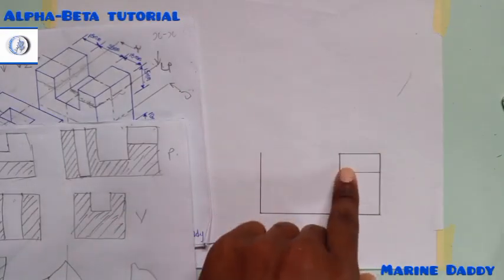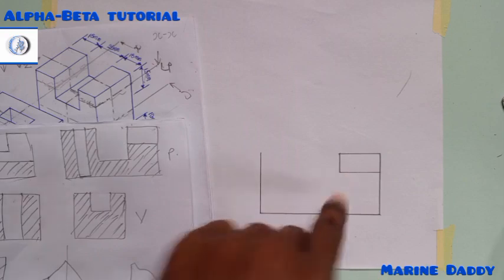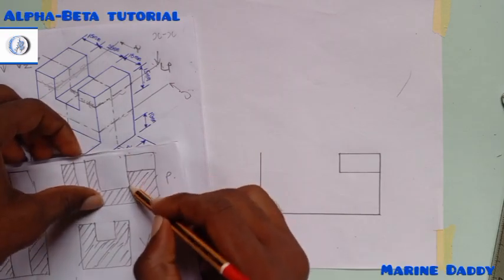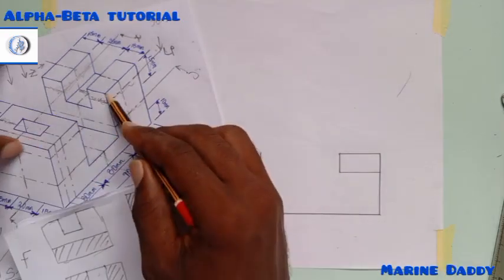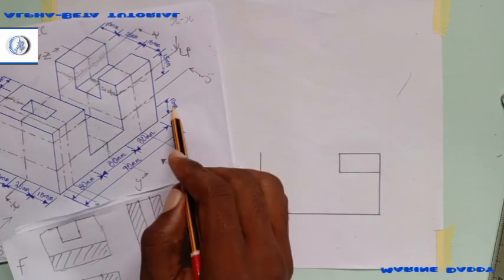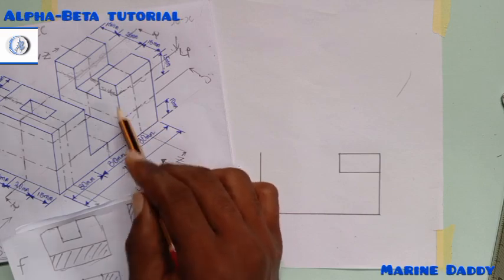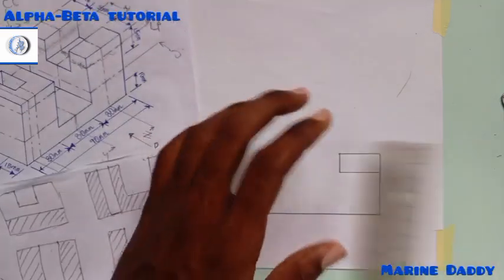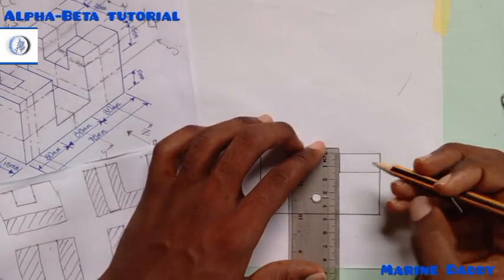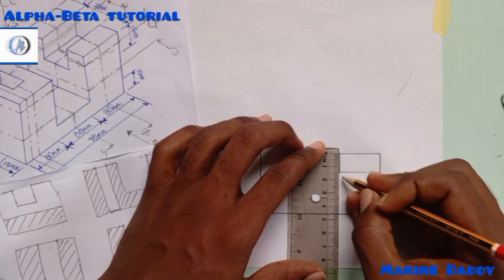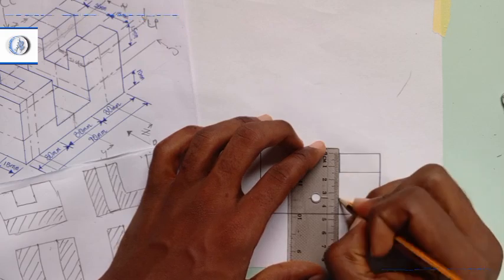So I've done this part. The next thing I need to do is the depth. Here to here is how many? In our question, remember I did the calculation. When you take 10 out of the total of 45, what will you be left with? 35. Some of us don't even know how to calculate. God will help us in Jesus' name. Amen.